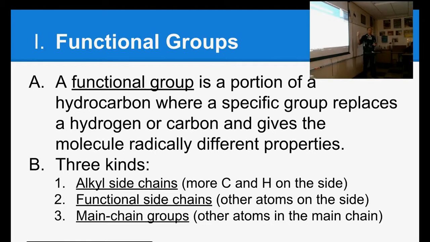And so with functional groups, the only difference is it takes off some simple part of the molecule and adds complexity to it, right? And it changes what the molecule does, it changes how it behaves.